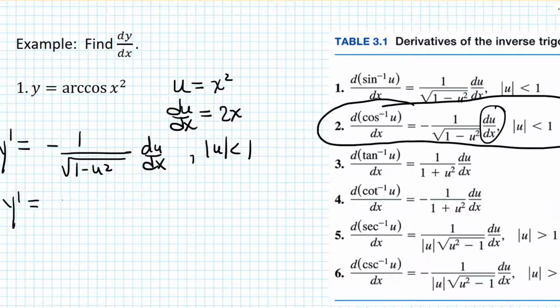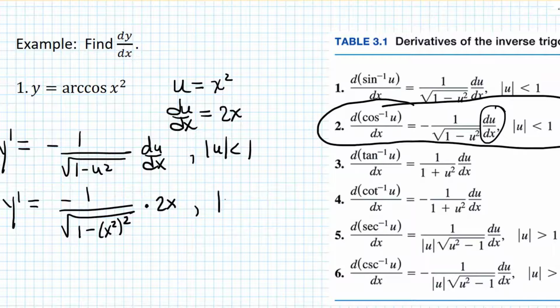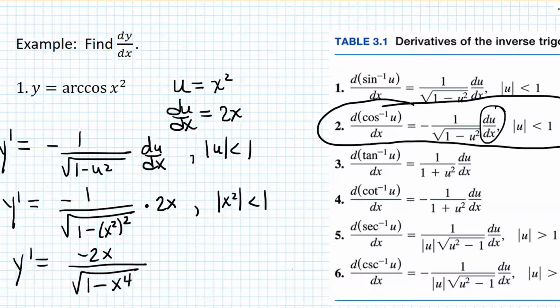So y prime equals -1 over the square root of 1 minus x squared squared, times 2x, as long as the absolute value of x squared is less than 1. So that means y prime is equal to -2x over the square root of 1 minus x to the 4th. And actually, the absolute value of x squared is just x squared, right? So as long as x squared is less than 1.